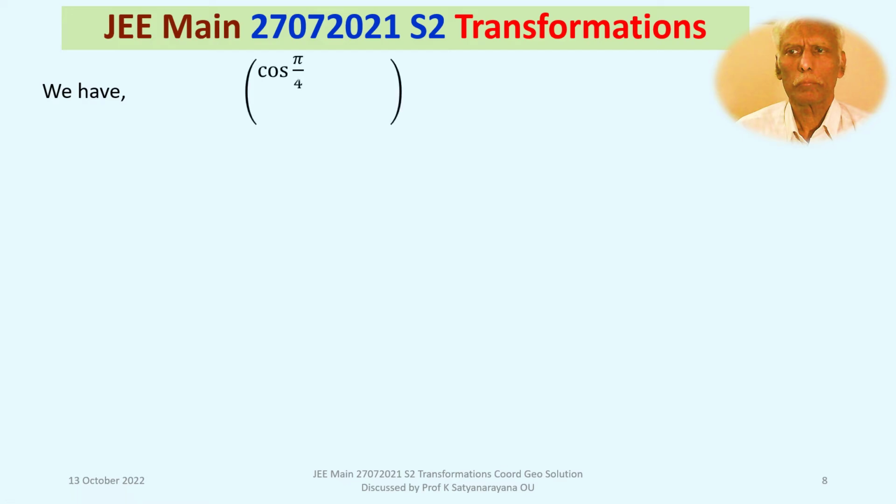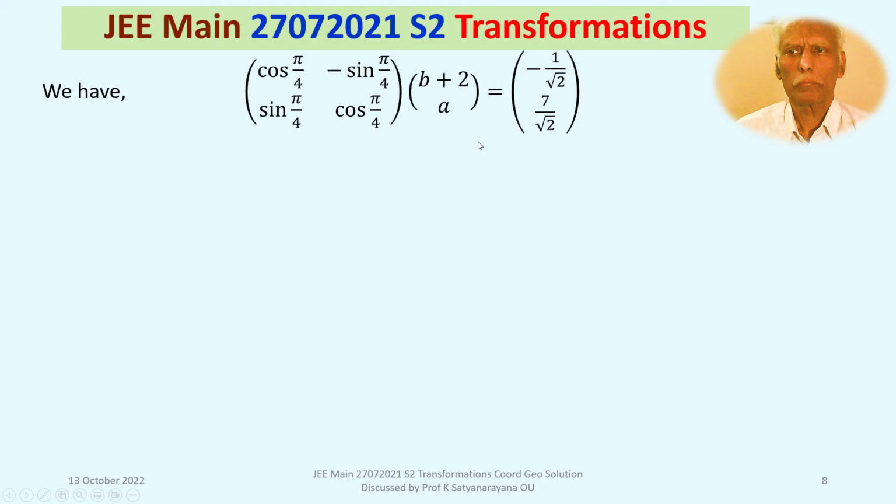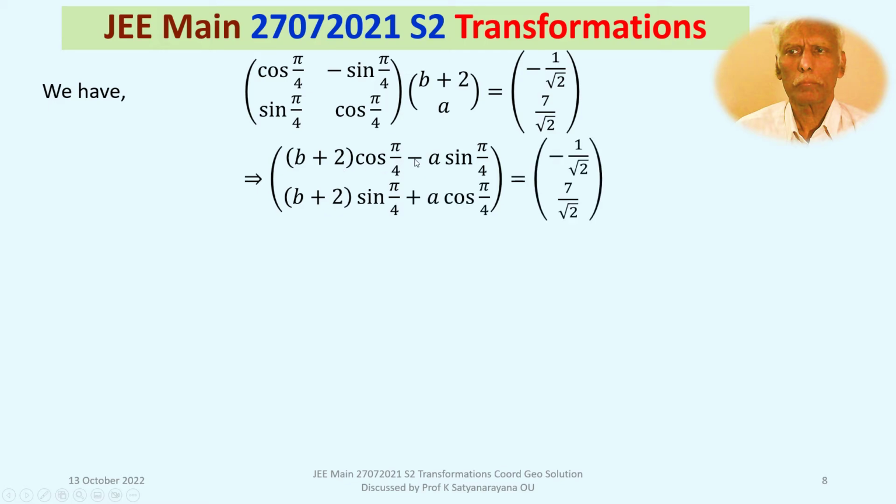We have this one, the story so far. So if you multiply, the first row is (b + 2) cos pi by 4 minus a sin pi by 4, and the second row is (b + 2) sin pi by 4 plus a cos pi by 4, and that is the 2 by 1 column vector (minus 1 by root 2, 7 by root 2).